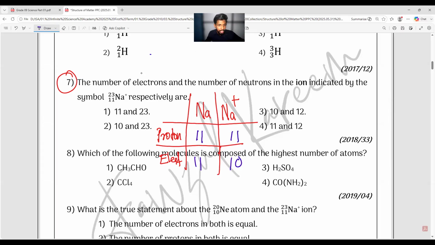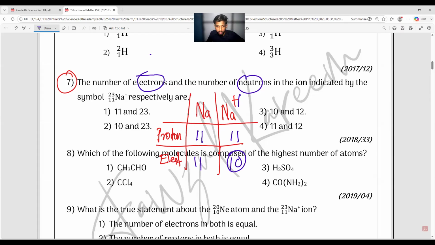Now they are asking the number of electrons and the neutrons. Okay, we'll find the neutrons, don't worry. There's a method to find the neutrons, I will explain that. But you know the number of electrons is 10. How did you find that the number of electrons is 10? From the 11, you subtracted 1. Why did you subtract that one? Because we have been given Na plus 1. So that's why we removed 1.